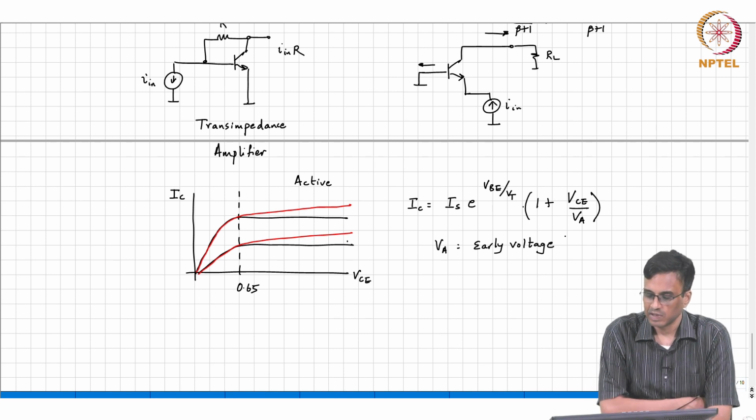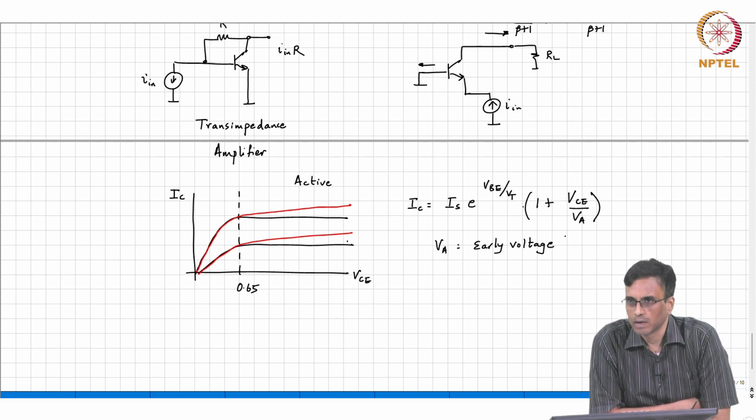VA is basically analogous to 1 over lambda. Lambda's units are per volt, VA's units are volts.